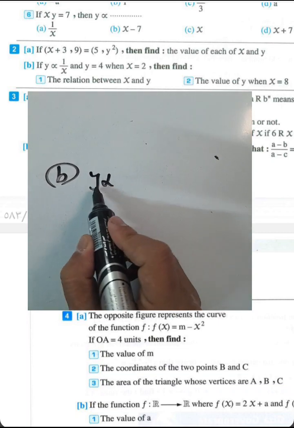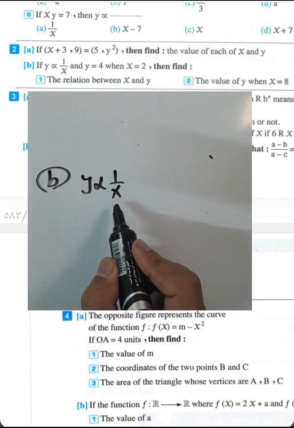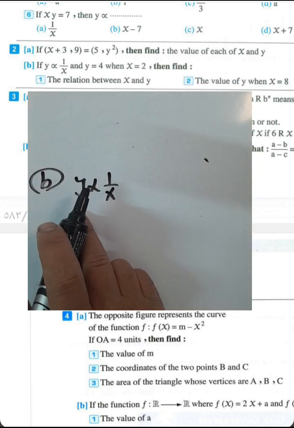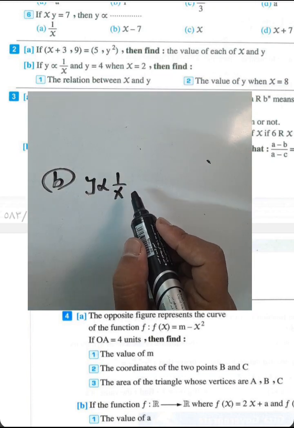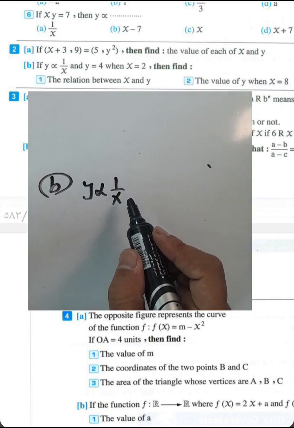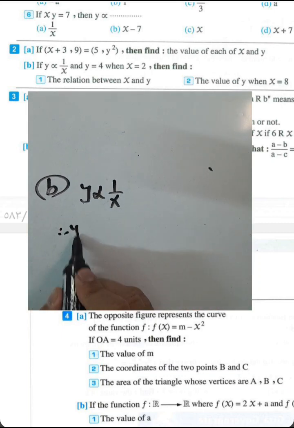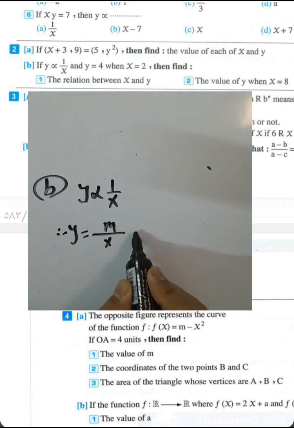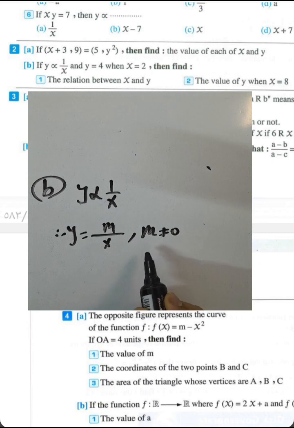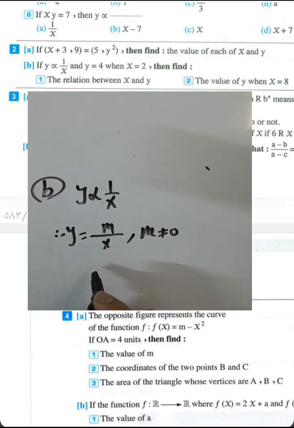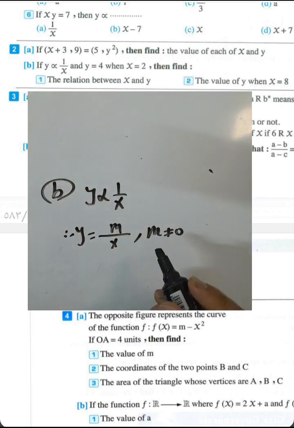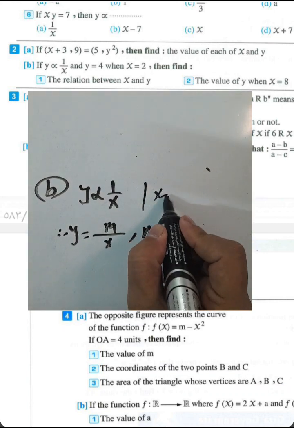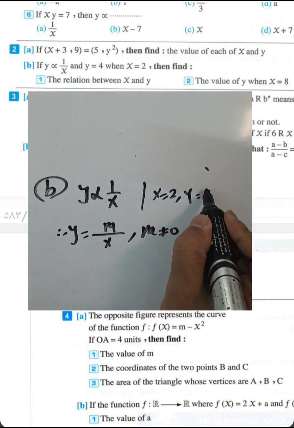If we have a relation between y and 1 over x, it's inverse, where y equals 4 when x equals 2. We can find the constant to find the relation between x and y. Then y will be m over x, where m is not equal to 0, it's a constant. In this example, x equals 2 when y equals 4.